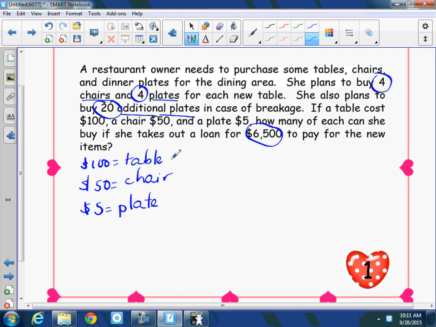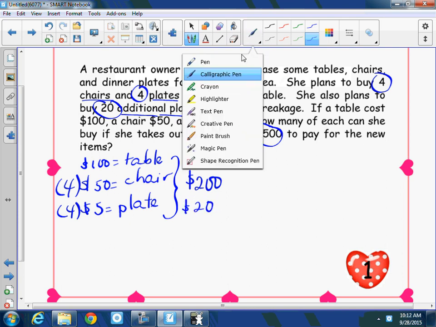So what I would do is figure out how much she would spend on each dining set, which would be 1 table, 4 chairs, and 4 plates. So 4 times 50 would be 200. 4 times 5 would be 20.